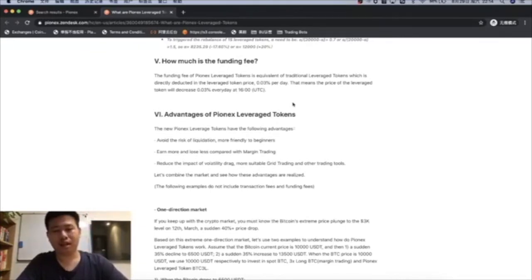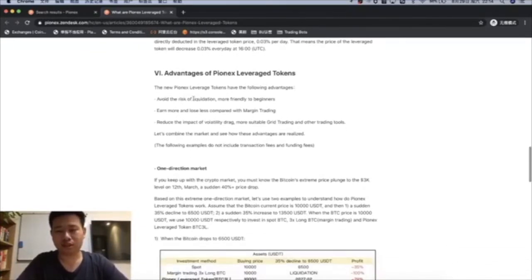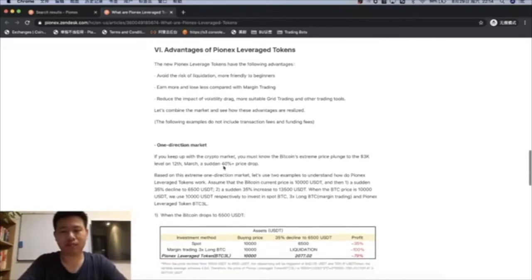Yeah. And so to draw a conclusion, there are a lot of advantages of Pionex leverage tokens. We have reduced the rebalancing and made it a bit longer to hold than the first generation of leverage tokens. And also you can make more money when the direction is always one side.